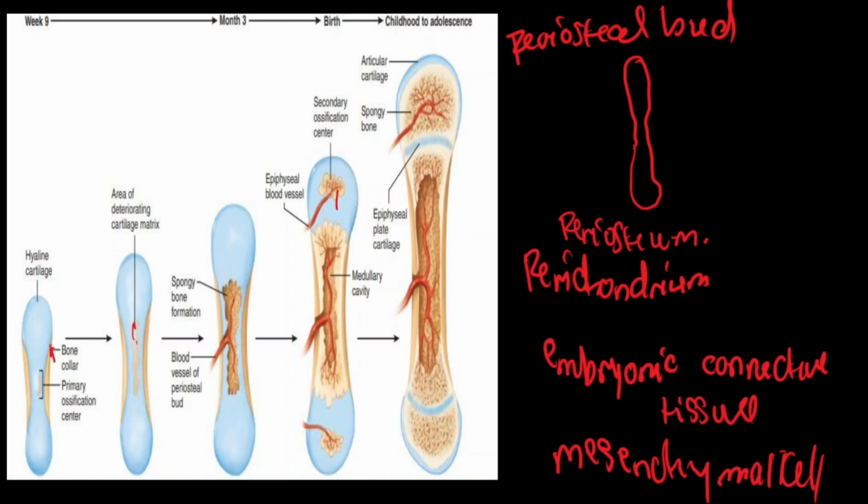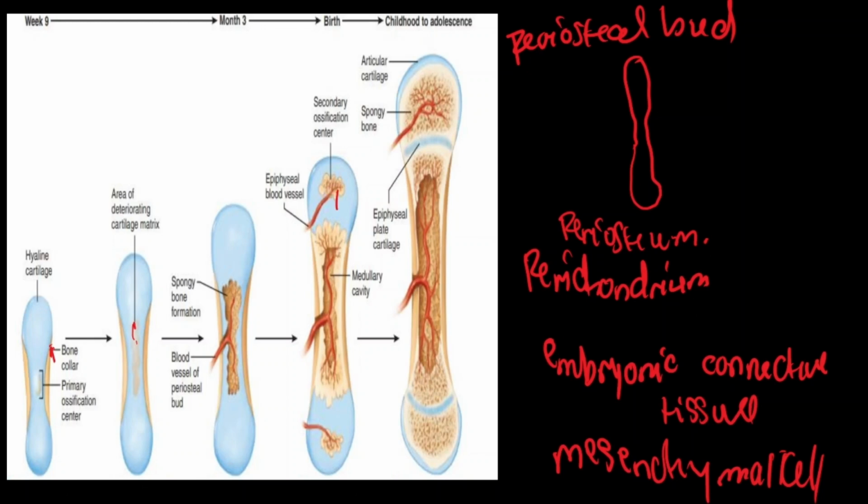It's also made of nerves, the osteoprogenitor cells, as well as the osteoclasts. The periosteal bud invades the internal cavity of the developing bone. The osteoclast partially plays a role in further deteriorating the calcified cartilage.